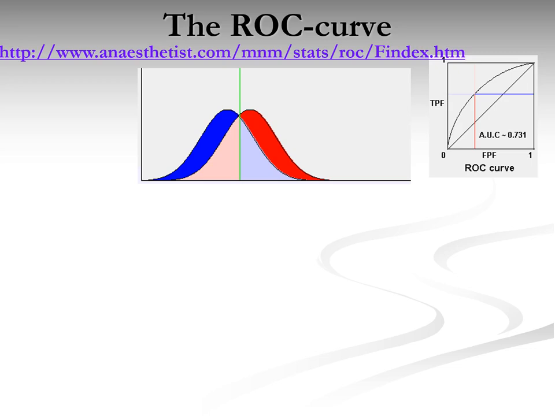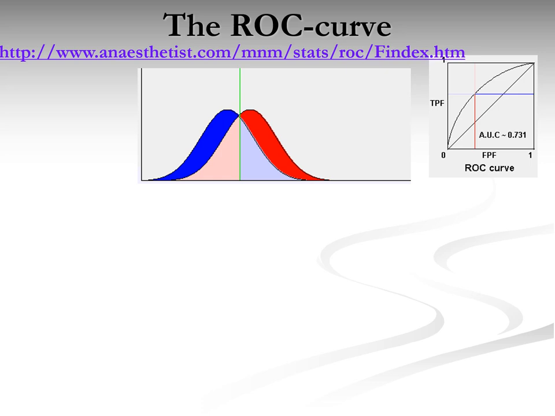You can go to that site from which I have put the link on the slide to play around with the threshold, and you can see indeed that if you change the threshold, then you would expect to find another sensitivity and another 1 minus specificity.